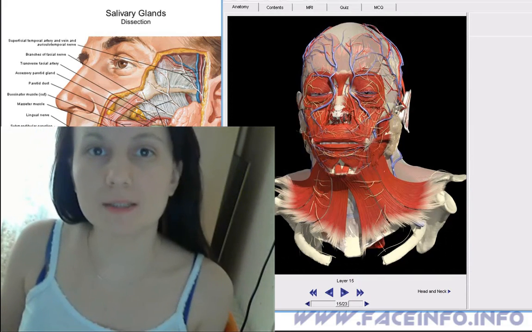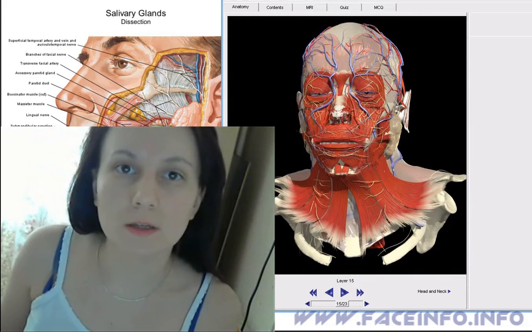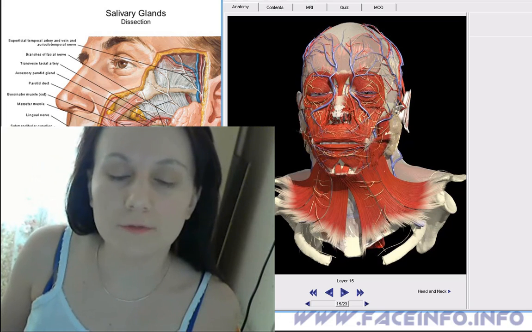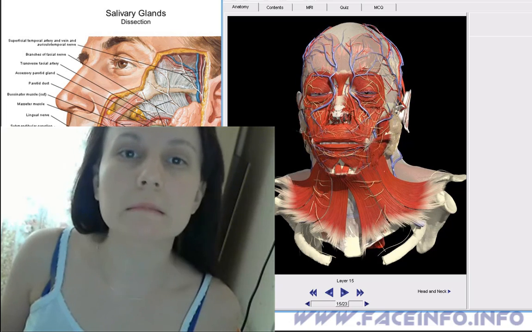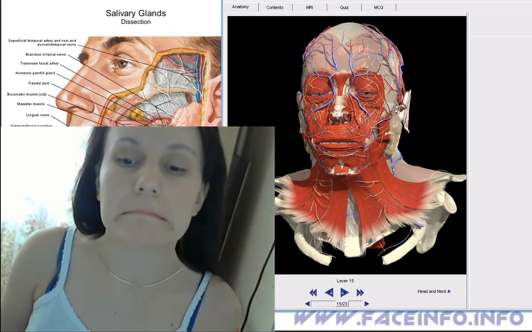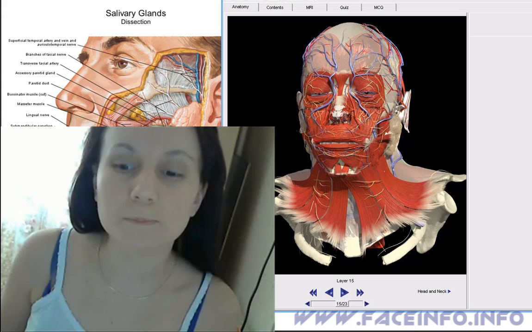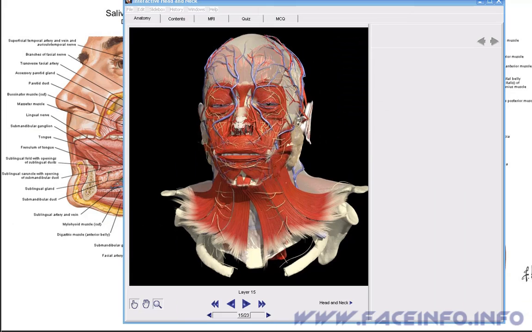Now let's speak about platysma muscle. And first of all, I want to show you how it works. And yes, this is one of the mimic muscles.